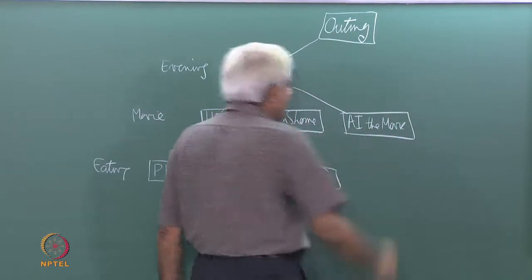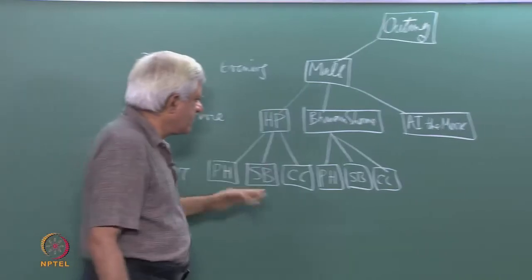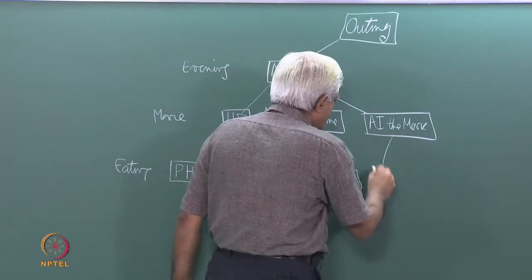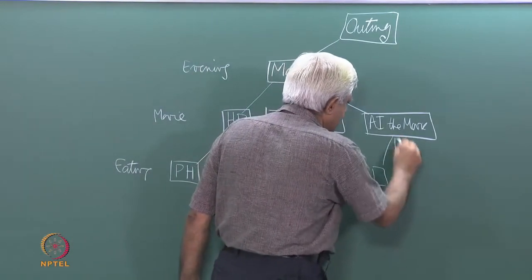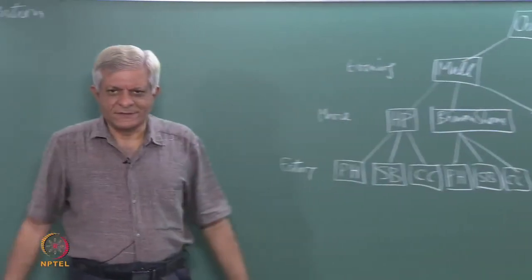You must be knowing there was a film called AI the movie, and then you try these 3 options again. I will not write them, but these are the same 3 options that you are trying, and your friend again says no.